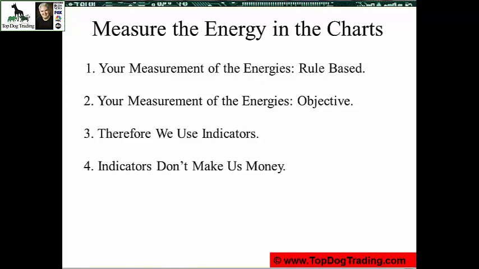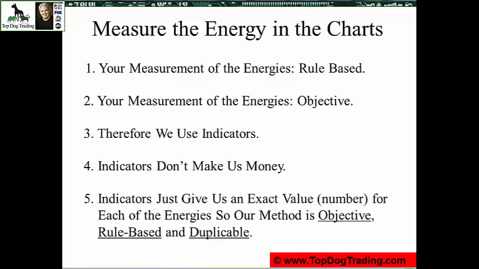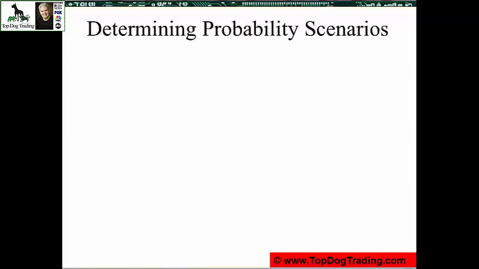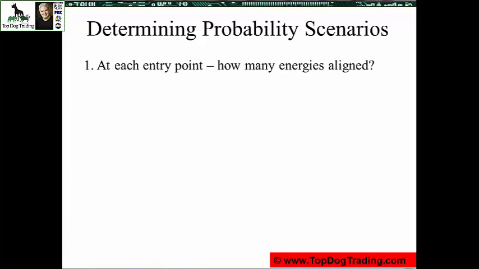They do what they promise. The answer's in the question. They indicate. But they do give us an exact value so that our energies, or the measurement of those energies, is objective, rule-based, and duplicable. So when I share this with other people, they can do it as well. It's not just that, oh, I'm good or I've got some magic skill or something.